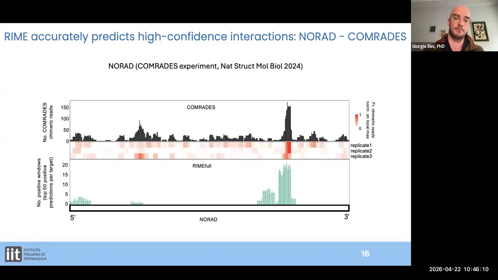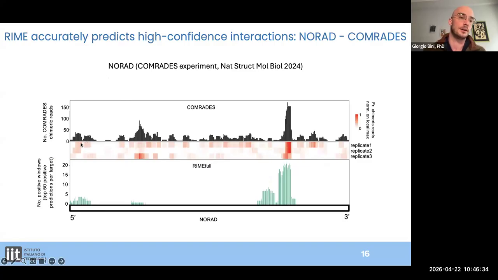And beyond the performance metrics, we also wanted to assess whether RIME could capture high confidence interactions coming from high confidence techniques such as COMRADES. And here, as a case study, I show the long non-coding RNA NORAD, whose dysregulation has been associated with cancer.